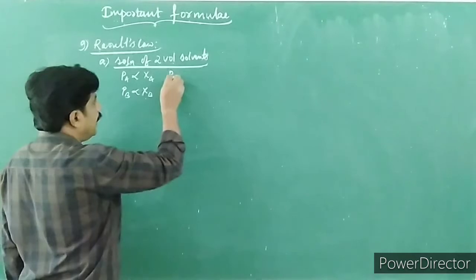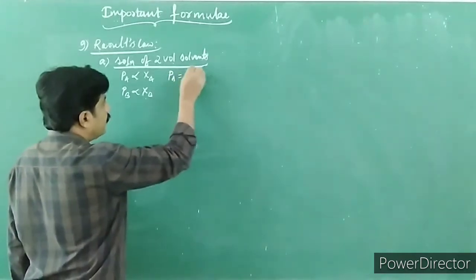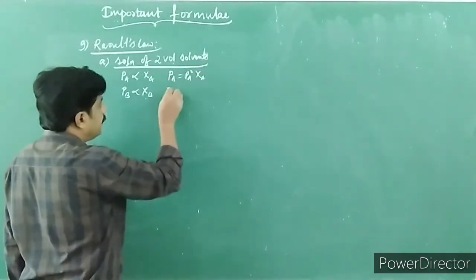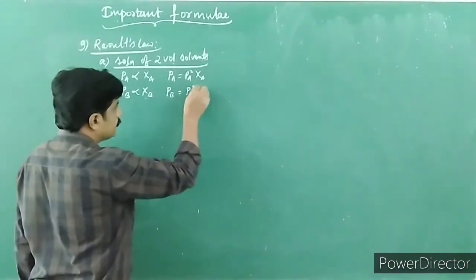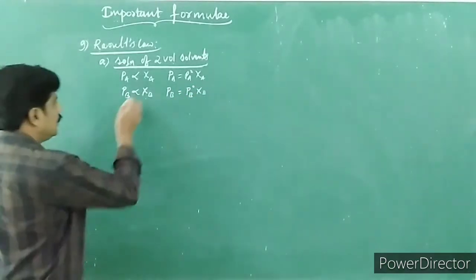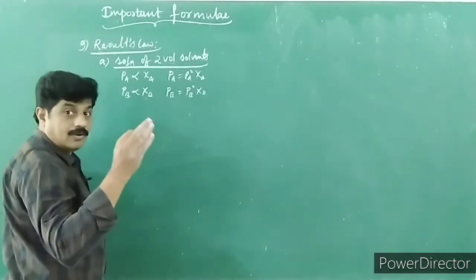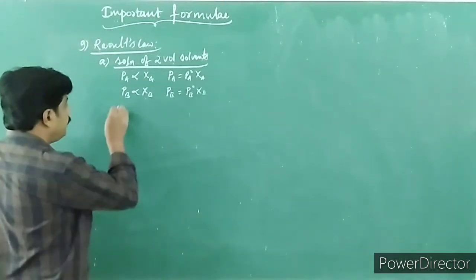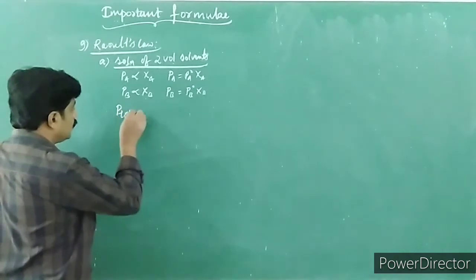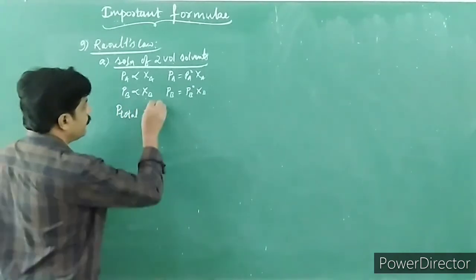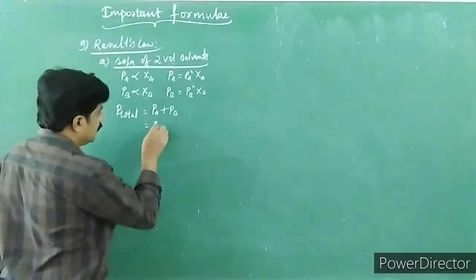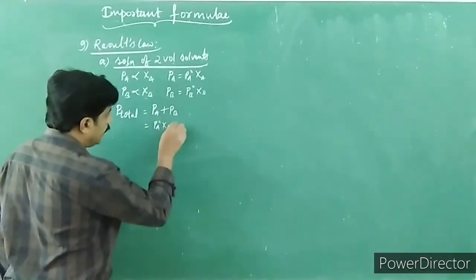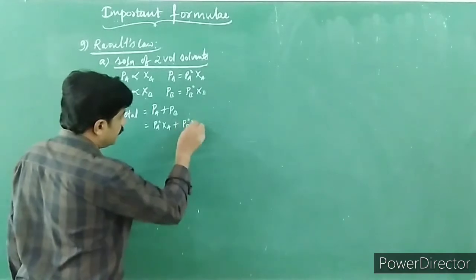Now PA is equal to PA naught into chi A and PB is equal to PB naught into chi B. Moreover, according to Dalton's law of partial pressures, P total is equal to PA plus PB, or PA naught into chi A plus PB naught into chi B.